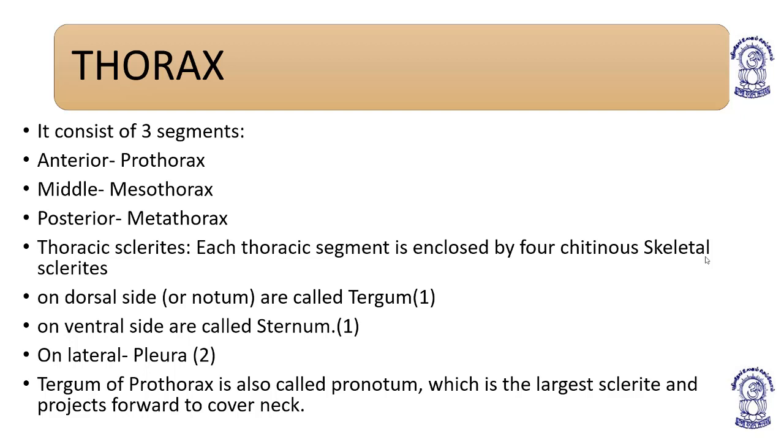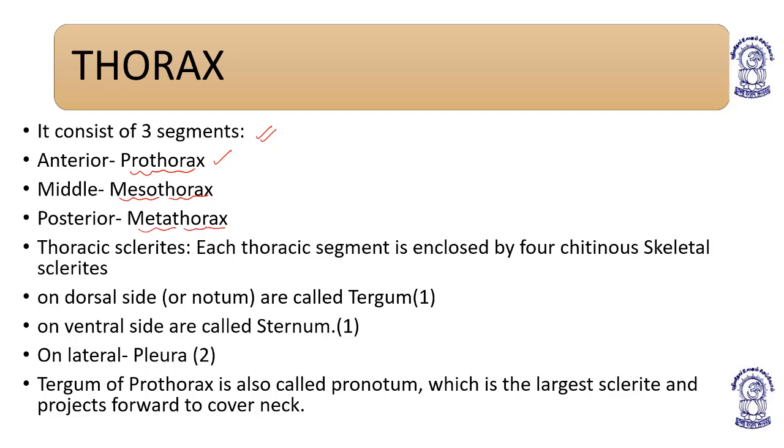Thorax basically consists of three segments, both in embryological life and in the adult life. The anterior segment is the prothorax, the middle is mesothorax, and the posterior is metathorax.